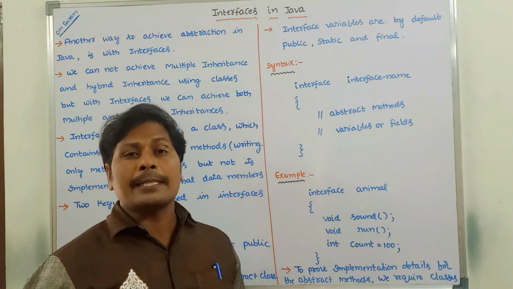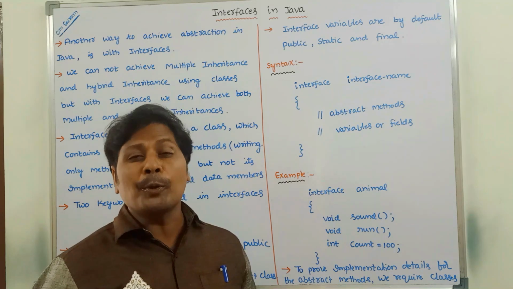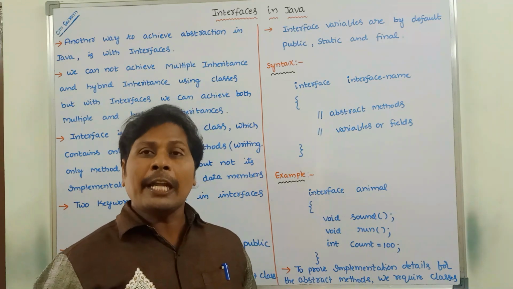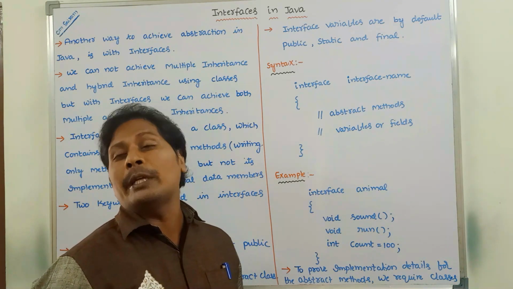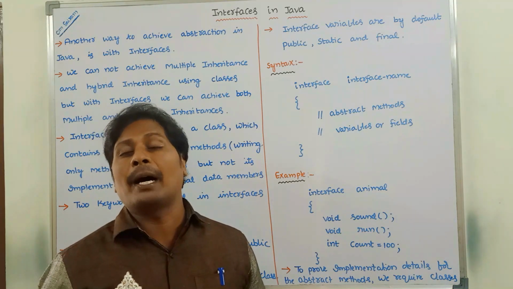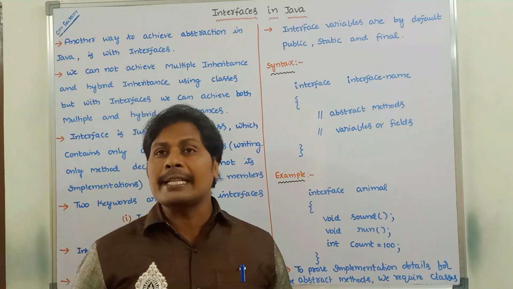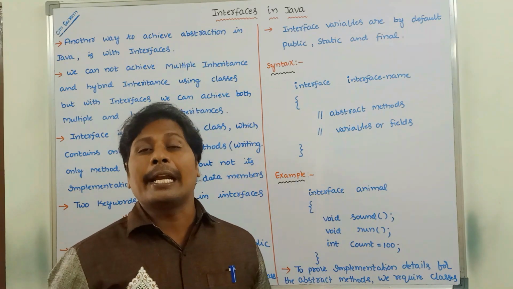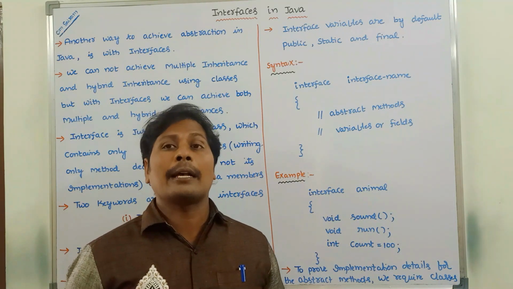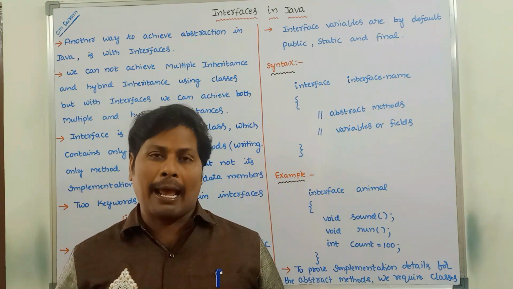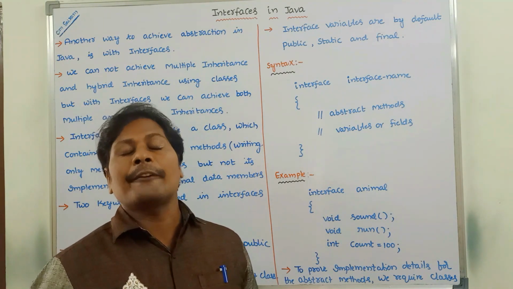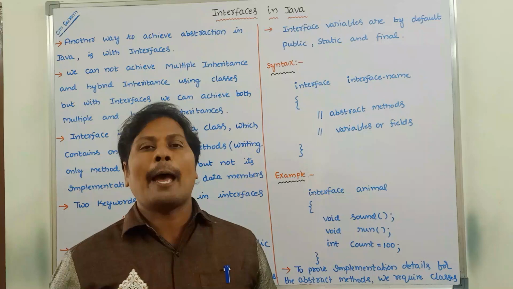Why can an interface be called a pure abstract class? Interfaces contain only abstract methods and not concrete methods. Because of that, we can say that an interface can be treated as a pure abstract class.